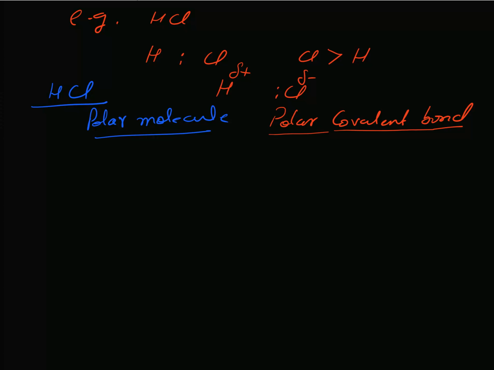Let's take the next example, the water molecule. In the water molecule we have a total of 3 atoms, 2 hydrogen atoms and 1 oxygen atom. Because of the higher electronegativity of oxygen, the electrons bonded with hydrogen remain closer to the oxygen atom. So thereby it gains a partial negative charge, and hydrogen, because of its electropositive nature, gains a partial positive charge.